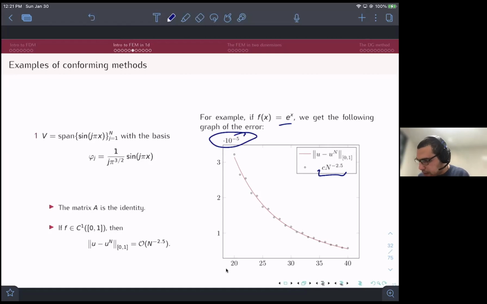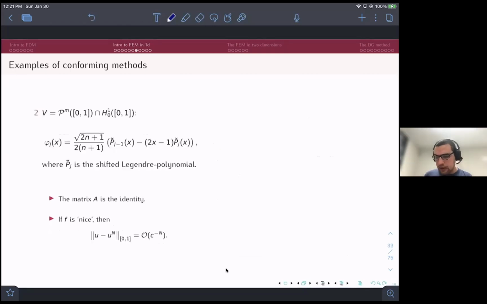Let's see another basis. I'm sorry. Let's take the space of polynomials. P_m is the polynomials of degree at most m. And let's take the intersection with H_0^1. In other words, I want polynomials such that p(0) is equal to p(1) is equal to 0. That's all it is.